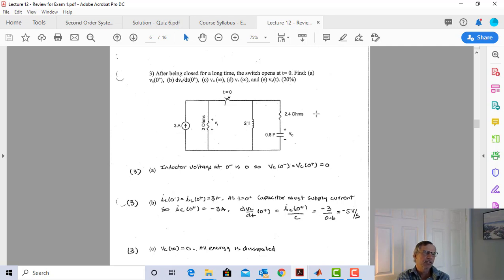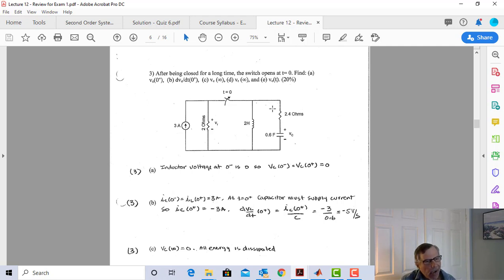Now let's go to t equals infinity. At t equals infinity, the switch is going to be open. And that means no current here. I know I'm going to have no voltage here. I'm going to have no current through the whole thing because at steady state I have no current through the capacitor. So 0 volts, 0 volts because I'm at steady state.